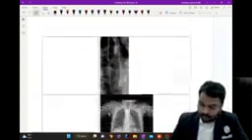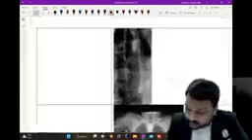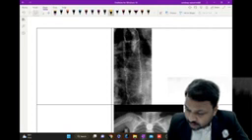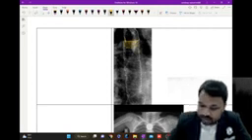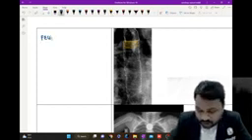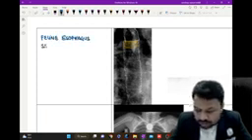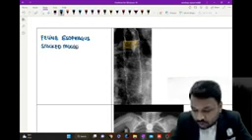Right? You can see these lines, stripes, rings are formed. This is what we call the feline esophagus, or also called stacked mucosal rings.